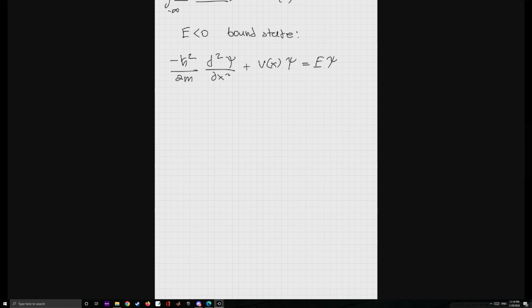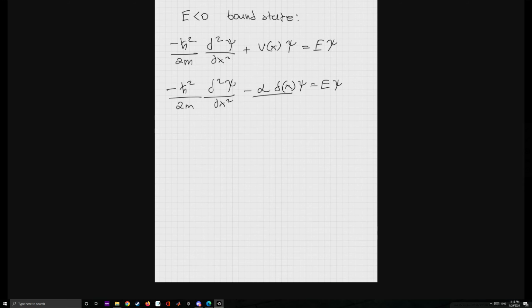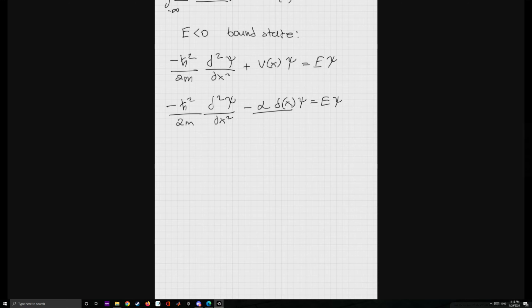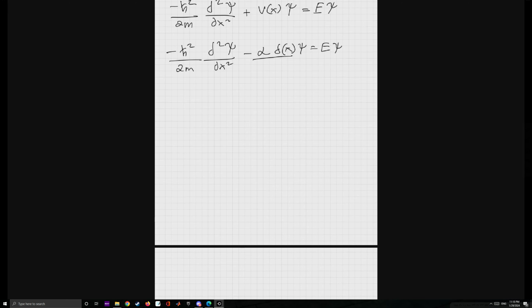Now let us write down the Schrodinger equation with our potential, where the potential is simply negative alpha times the delta function. This is the Schrodinger equation.